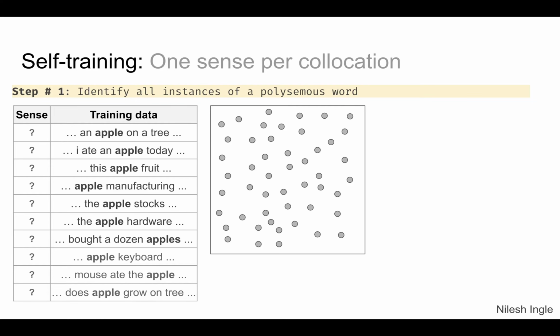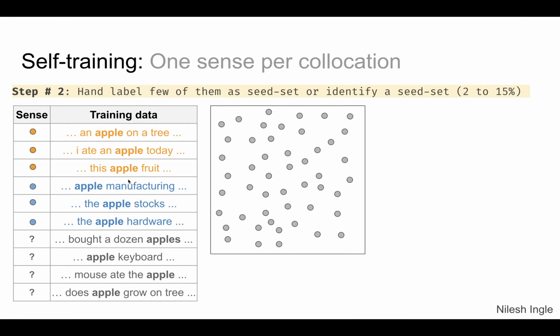So similarly to that, here I've chosen a word apple. So it could be a fruit apple or it could be a machinery apple. And here we have the data points associated with those. Now what we can do is from the document we can identify, let's say, this one word apple, and we pull these sentences together, and then either manually or by writing code, label a few seed points.